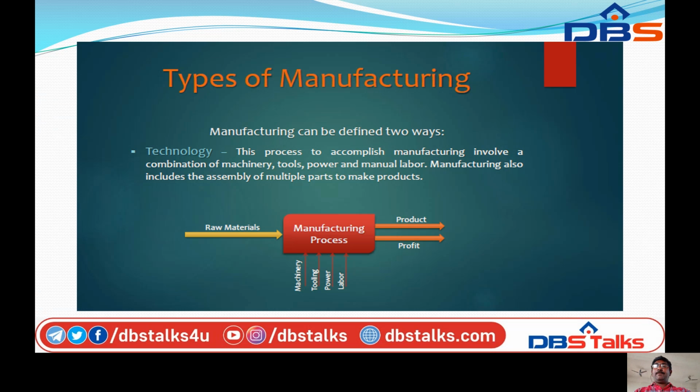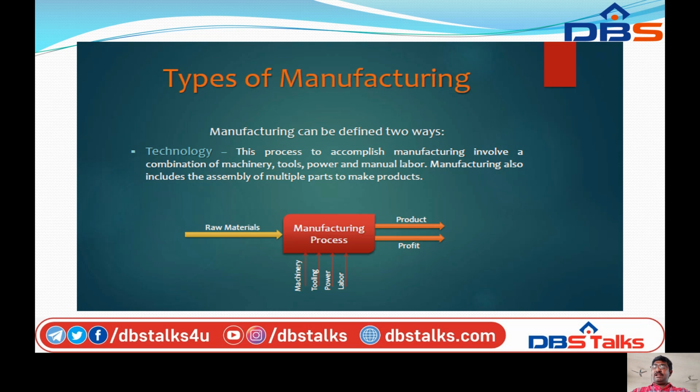So next, types of manufacturing. Manufacturing can be divided in two ways. The first one is technology, the second one is economic. In technology, the manufacturing involves the combination of machinery, tools, power, and manual labor.